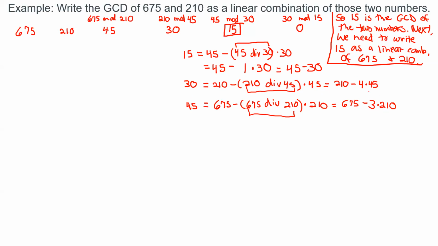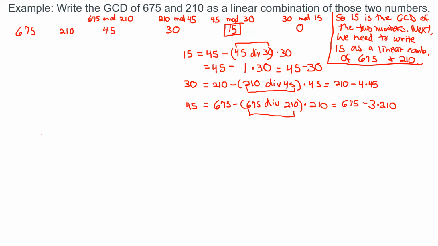But we don't want 45 as a linear combination. We want 15 as a linear combination, right? So that's the key. That's what we want to try to rectify. We need to write 15 as not a linear combination of 45 and 30, but of 675 and 210.